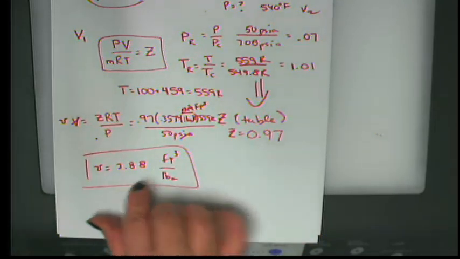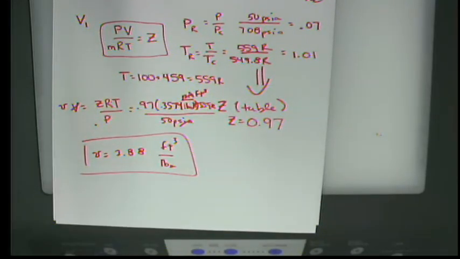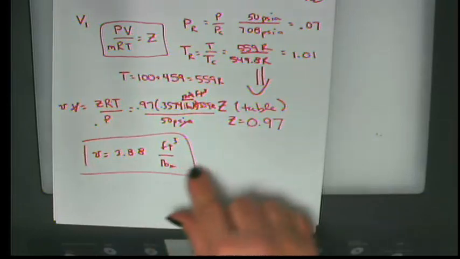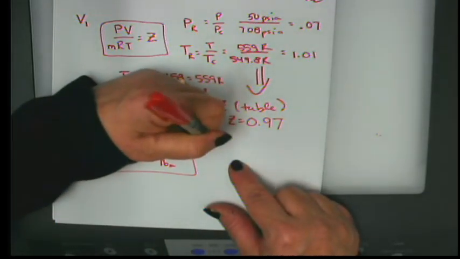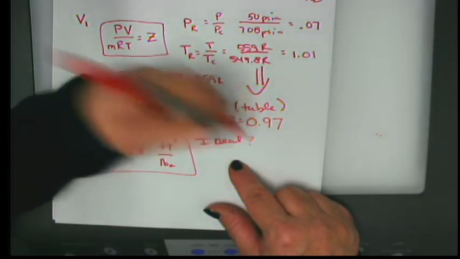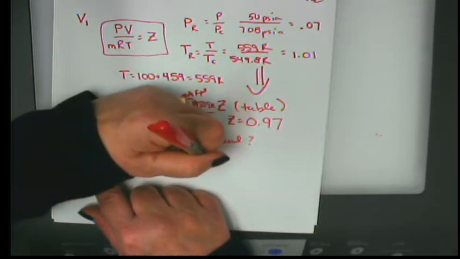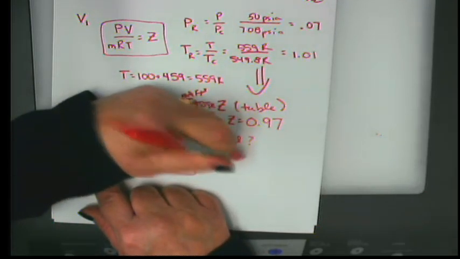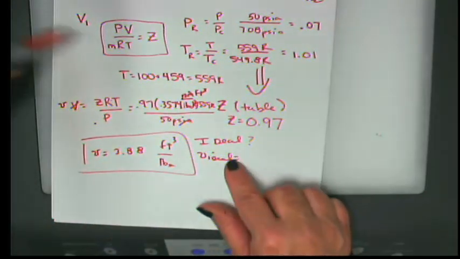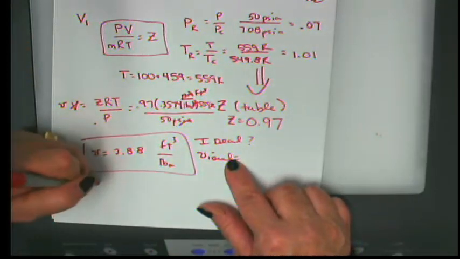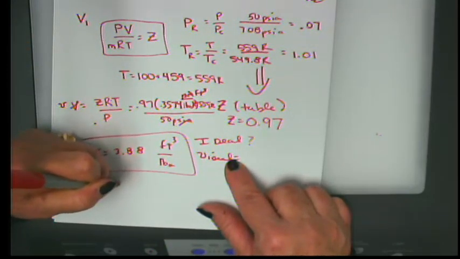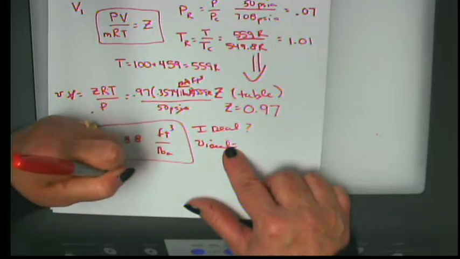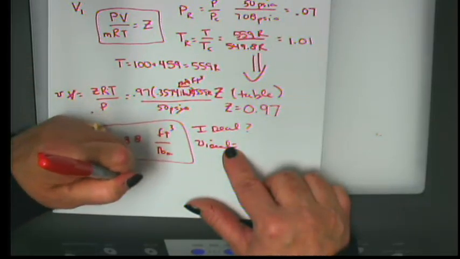Okay. Now, the other thing, just in closing with this idea, what if it had been ideal? What would we have calculated the V ideal to be? Well, we don't have to reinvent the wheel, but if you take a look at this equation, we have PV equals Z RT.